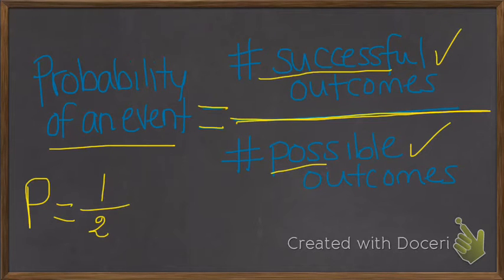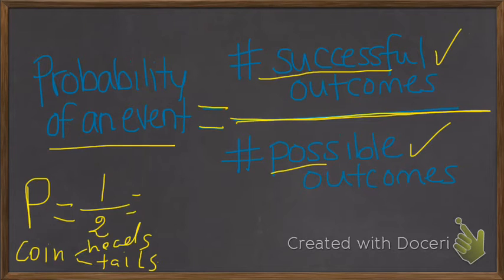So your probability here is 1/2, which if we represent this in percent will be what? 50%. So it's 50-50. Right? So that is when we use a coin.